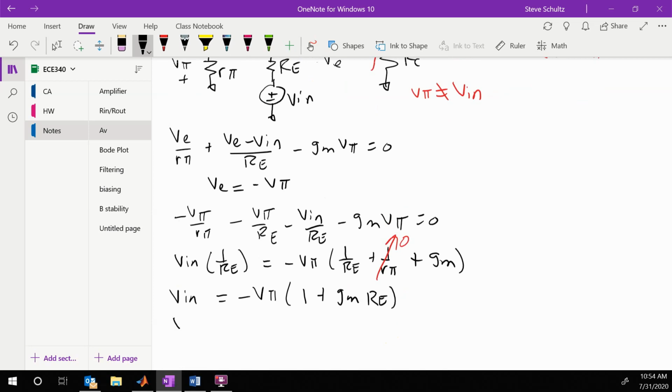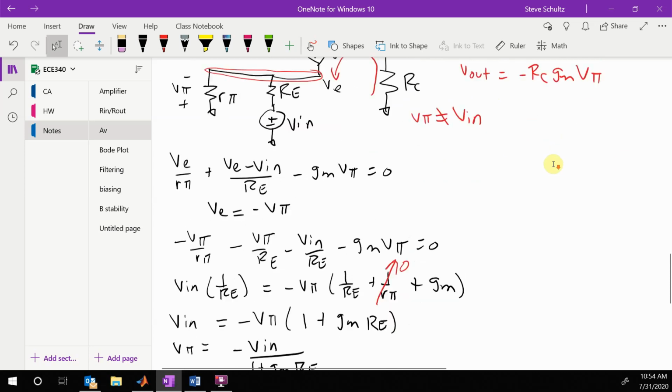Okay, which means that my V pi is equal to minus Vin over 1 plus GMRE. And then we're just going to plug that straight into there.